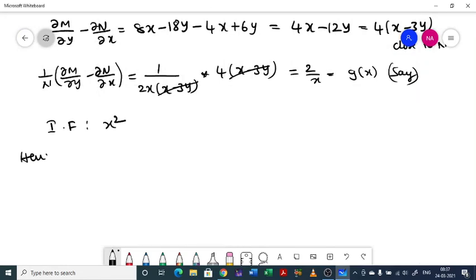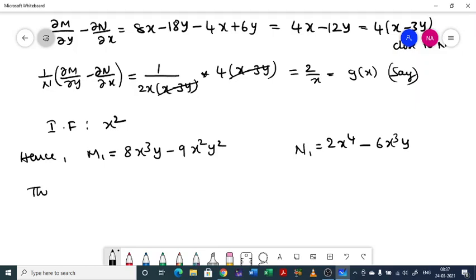Hence m1 equal to 8x cube y minus 9x square y square, and n1 equal to 2x power 4 minus 6x cube y.